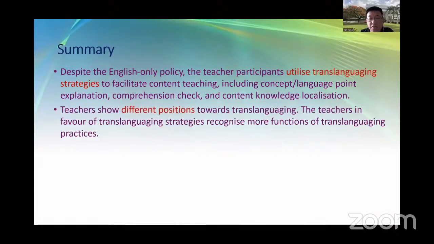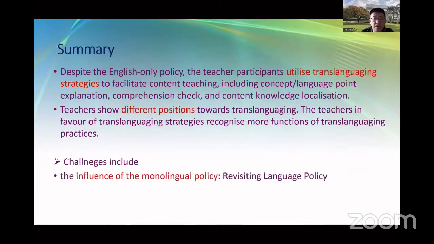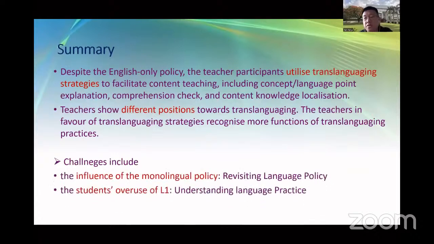Some in favor of translanguaging recognize more functions of translanguaging practices. Well, also we need to recognize that translanguaging should not be imposed. Some challenges as well: the influence of the monolingual policy and students' overuse of first language.